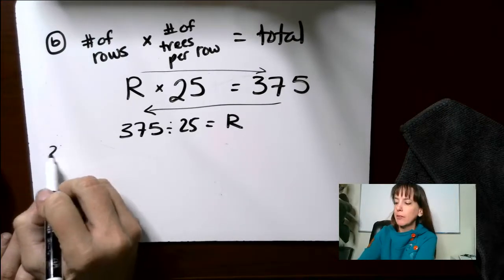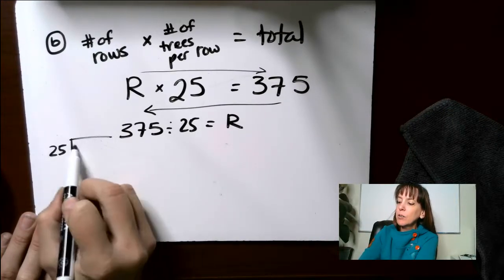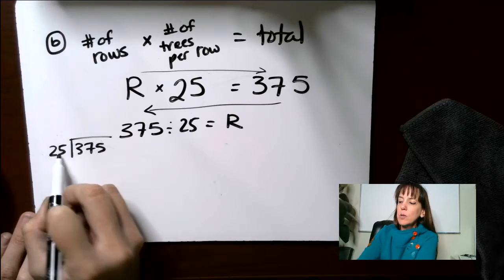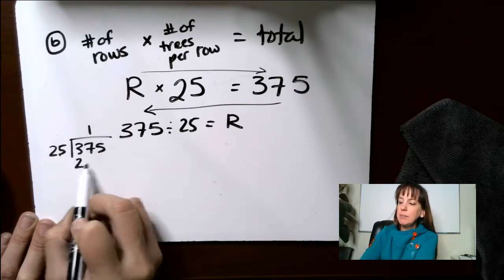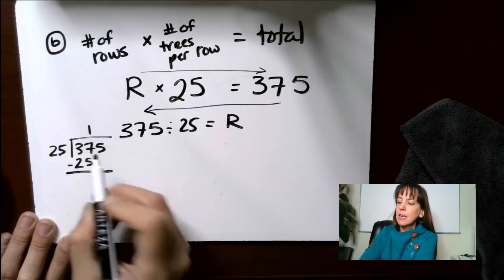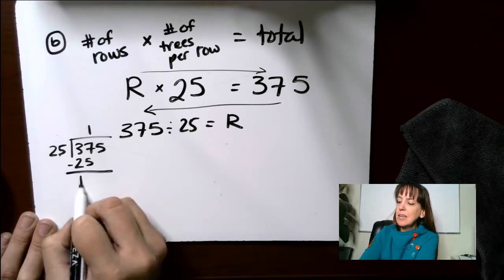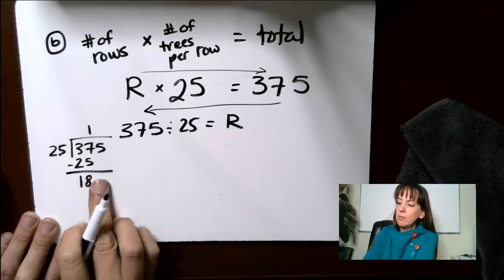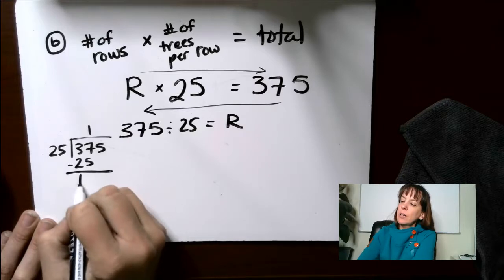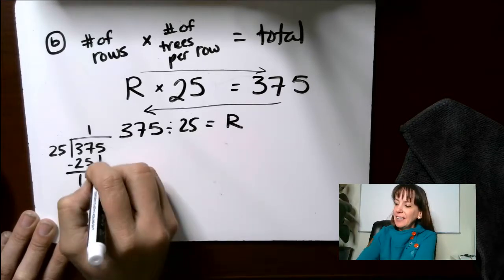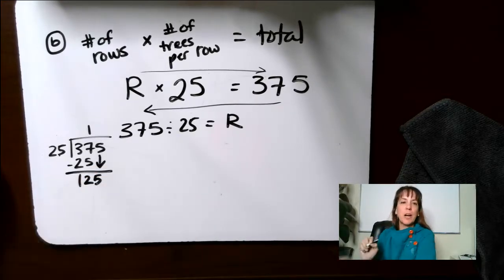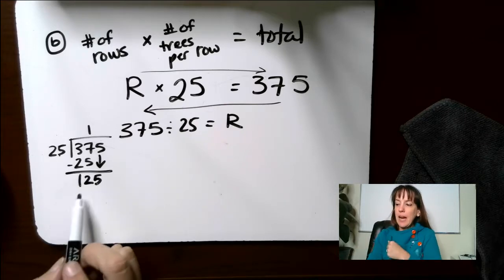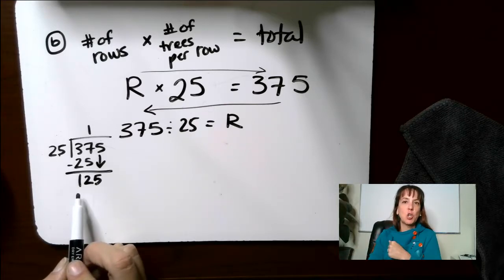Let's do that math. 25 over 375. 25 goes into 37 one time, minus, we get 12, and we bring down a 5, because when we subtract, we bring down. How many quarters do we have if we have $1.25?